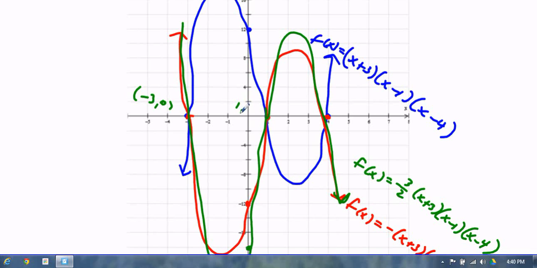We've got 1, 0, second zero, and we've got 4, 0. Okay? Label your y-intercepts. 0, negative 12, 0, negative 18, and 0, 12. Okay. So this incorporates a lot of what you've learned from the first chapter as well. Okay, on to the next example.